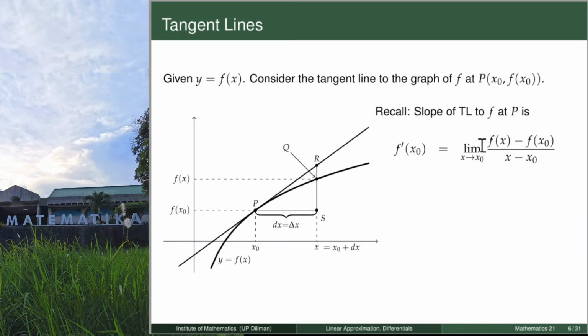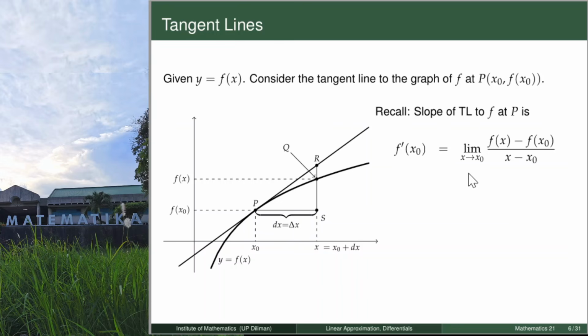So what you do is you take the limit of the slopes of the secant lines as x becomes closer and closer to x0. As this point Q travels along the graph of f and gets closer and closer to P, if you take the limit, then you will get the slope of the tangent line.